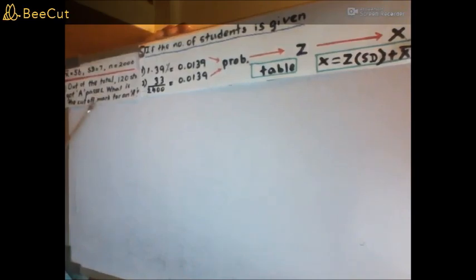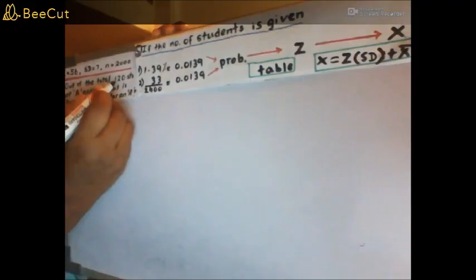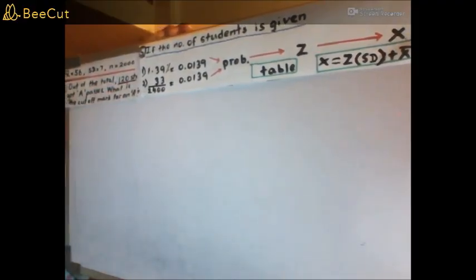What is the cutoff mark for an A? So as usual, underline what is given there. Here what is given? Out of the total, 120 students. The number of students is given, and they are asking for the cutoff mark for an A.